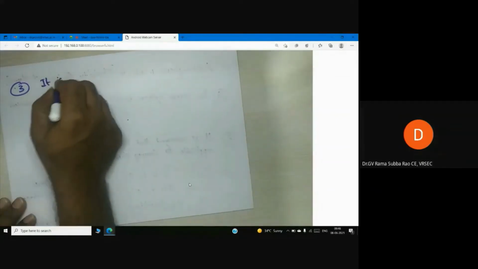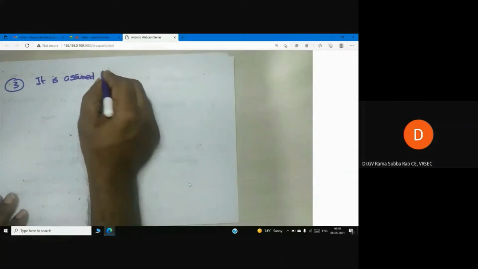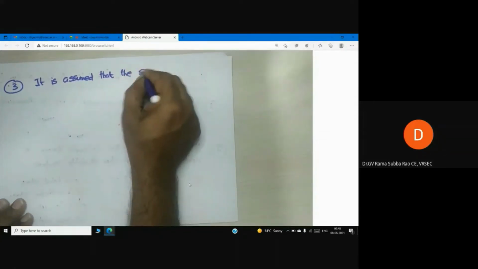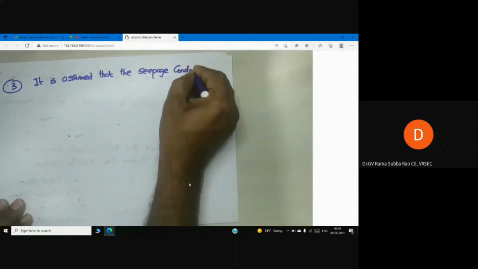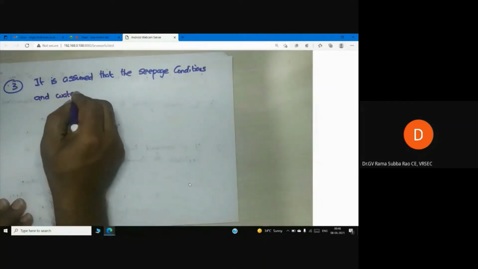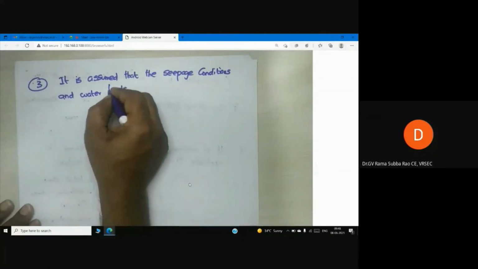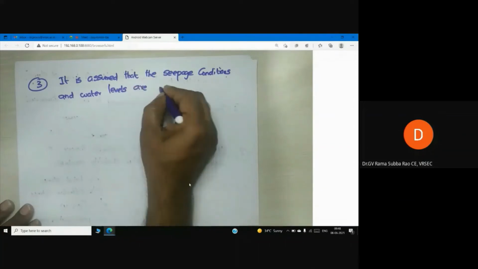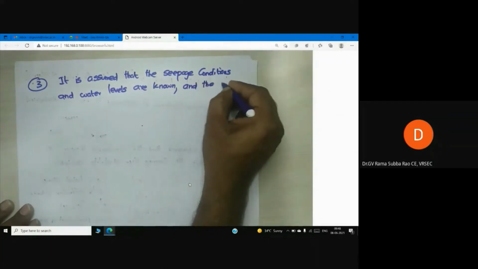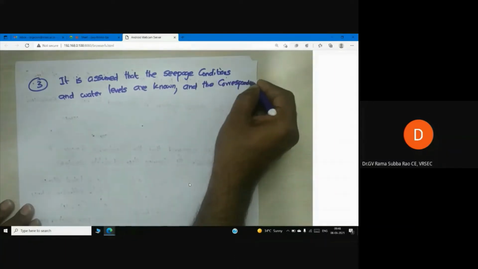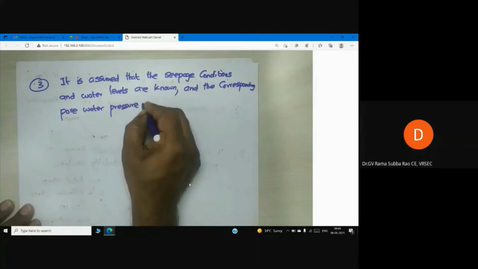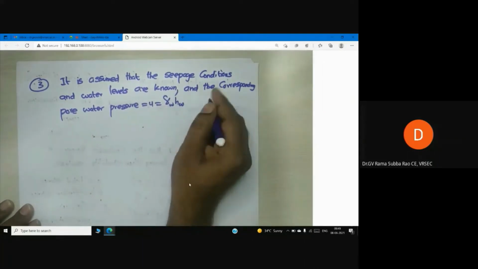It is assumed that the seepage conditions and water levels are known, and the corresponding pore water pressure, which we just discussed, gamma of water into height of water, can be estimated.